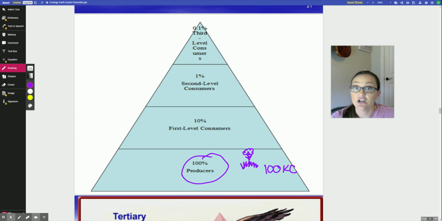So it has 100 calories in it. What eats a flower? Bird. We're going to say bird.